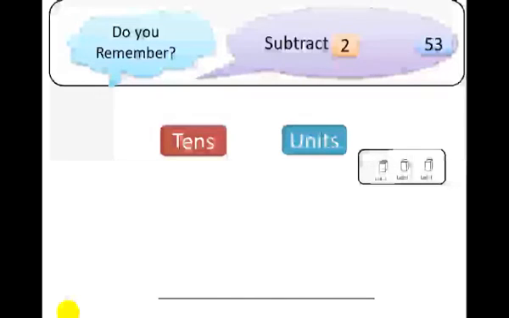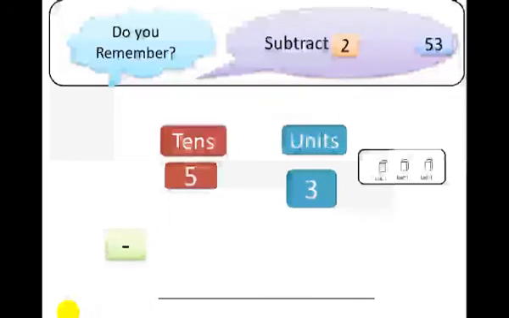The digit 5 is in the tens place. The digit 3 is in the units place. Subtract means minus, so remember to put your sign. Minus 2. 2 is a one-digit number, which is a unit, 2 units. So we put 2 under the unit side.